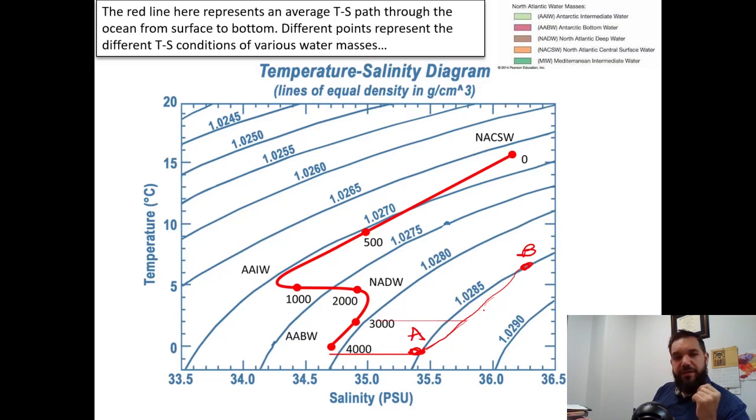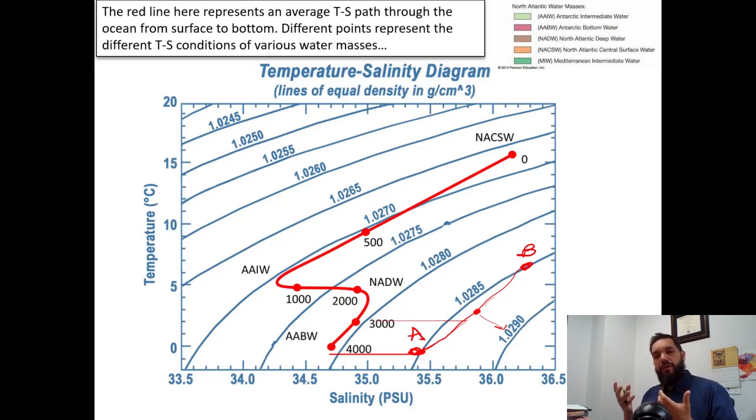If it's a perfect one-to-one mixture of A and B, a 50-50 mixture, you're going to get a density that's actually in the middle like that. So your density is going to be a little bit higher, closer to 1.0290 than the waters that you start off with.